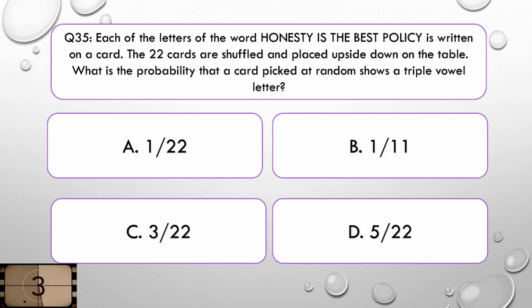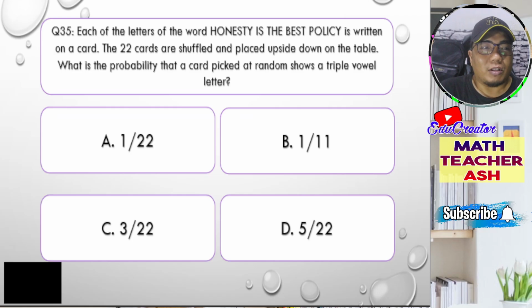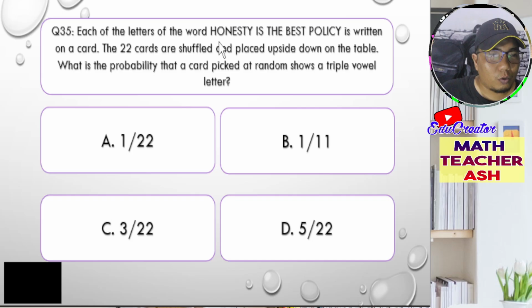Okay, my dear math learners, the focus here is a vowel that repeated 3 times. So let's check on the vowels. O, only twice. E, okay, E is 3 times. I, twice. We talked about that already. I think there is no other vowel letter here.